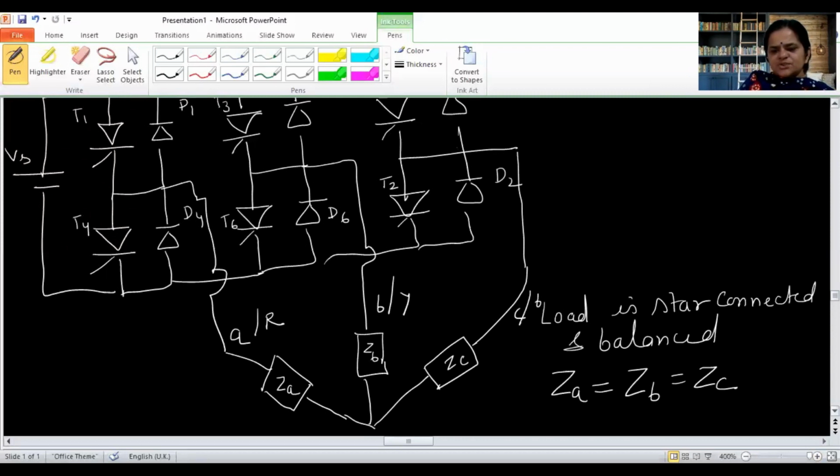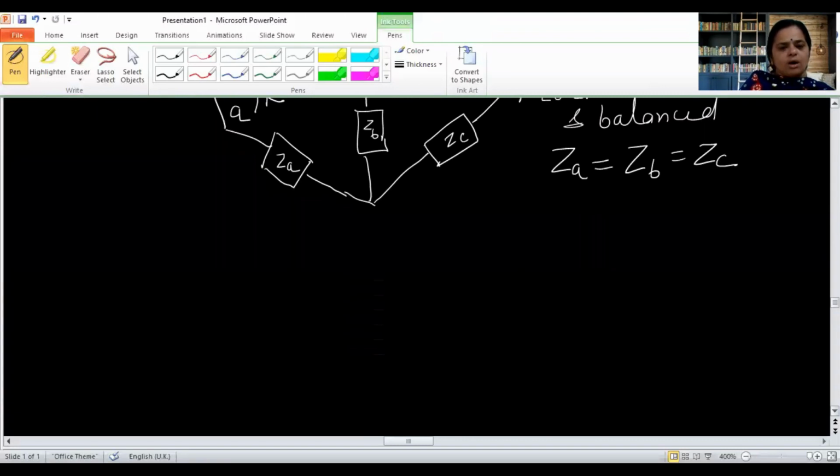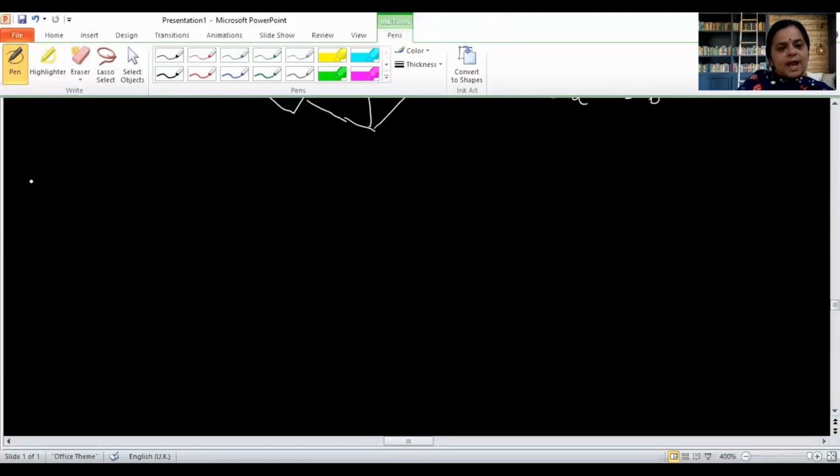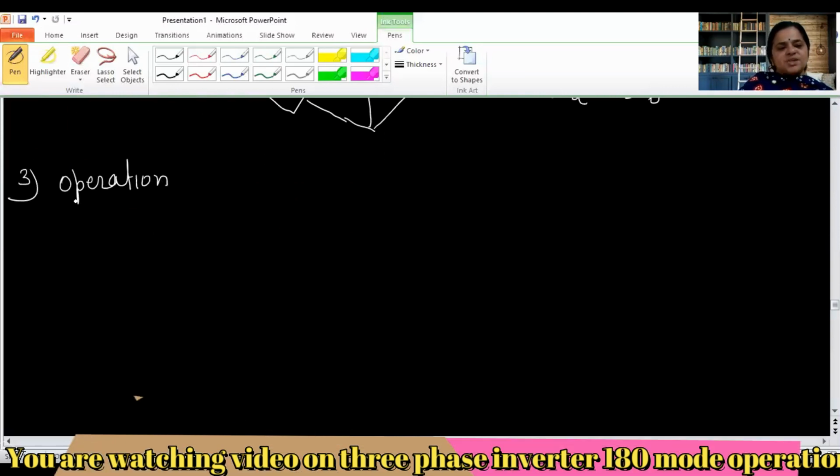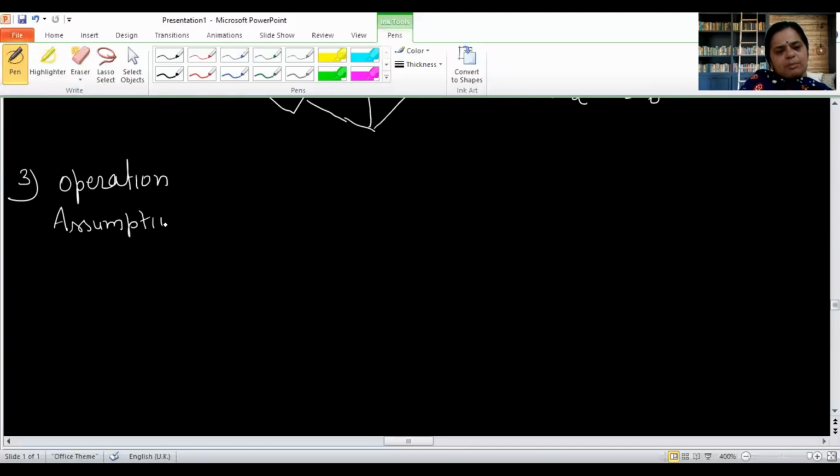Now let us try to understand its operation, how it operates and how it converts the DC supply into a form of three-phase AC supply. Before understanding its operation, we have to take the assumptions, because the above power circuit diagram converts the DC supply into a three-phase AC supply depending on the operation of the semiconductor devices.